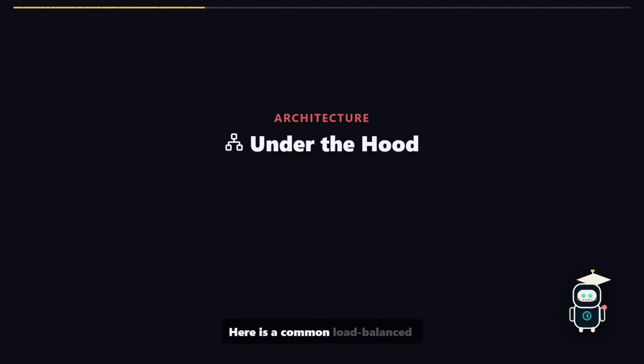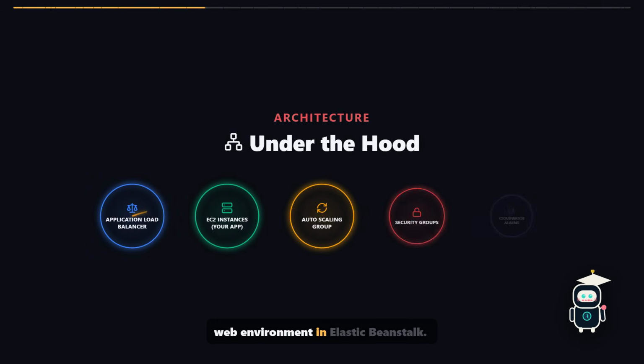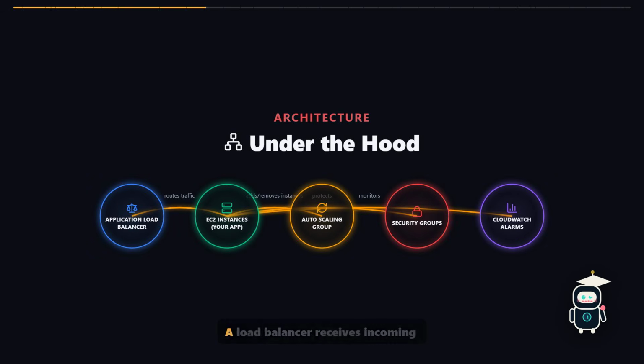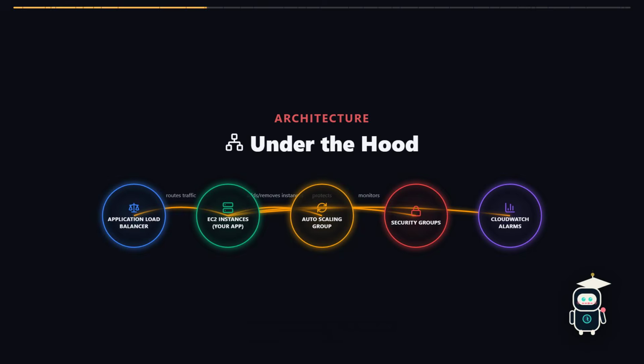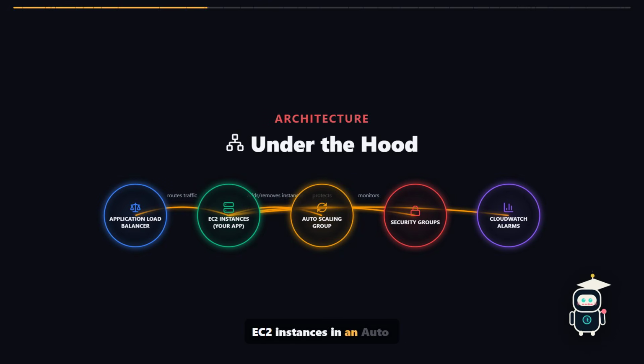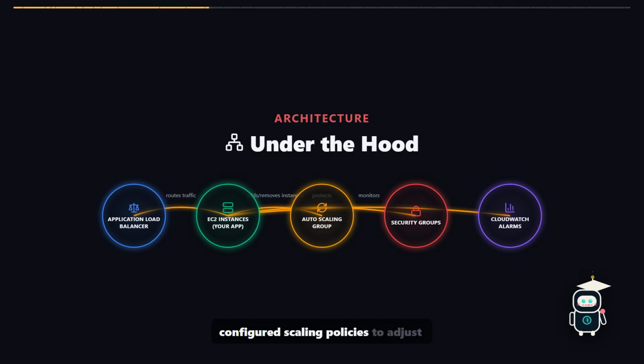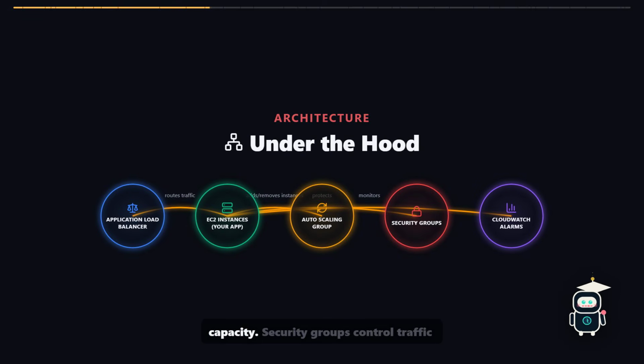Here is a common load-balanced web environment in Elastic Beanstalk. A load balancer receives incoming traffic and routes it to EC2 instances in an auto-scaling group. Elastic Beanstalk can monitor environment health and use configured scaling policies to adjust capacity.